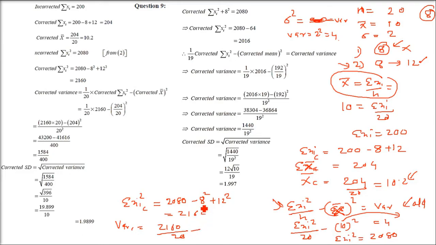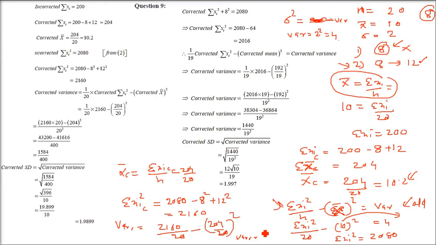If you remember, x bar corrected is sigma xi corrected divided by n, 204 by 20, which we already computed as 10.2. So you can just put 10.2. Now I am doing the same thing but with the corrected one.